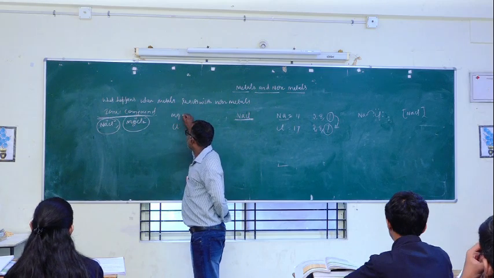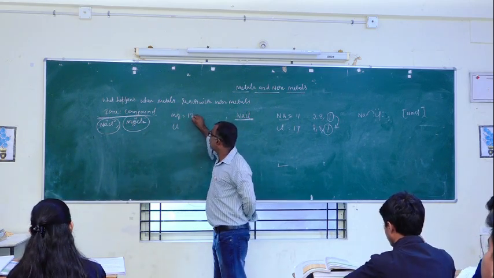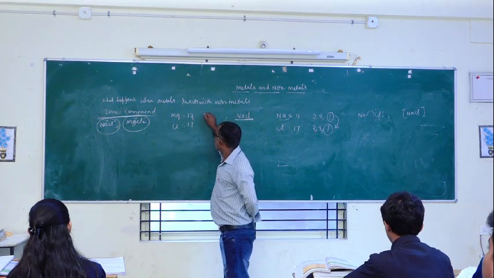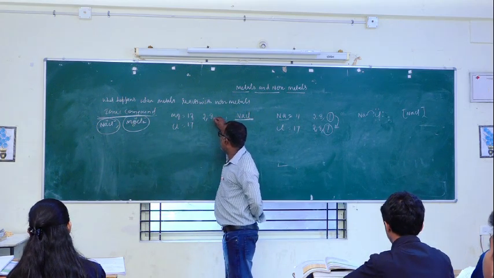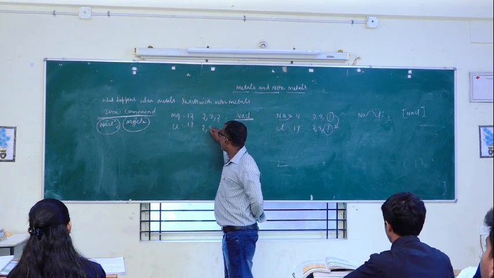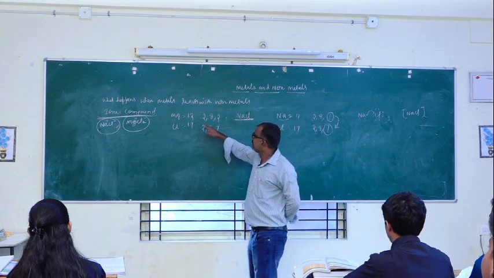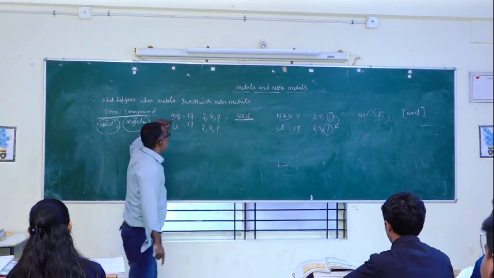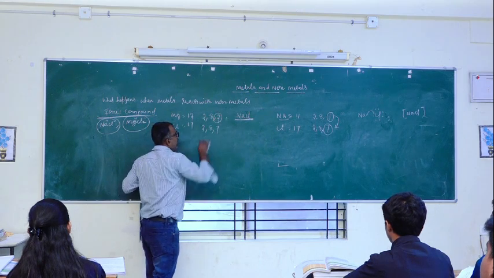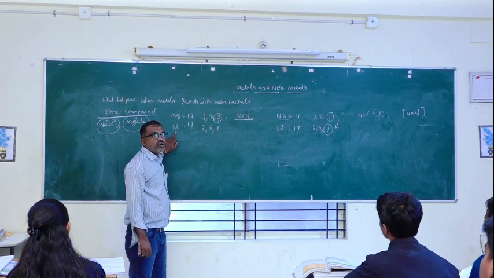In the same way, we are going to find MgCl2. Mg has atomic number 12 and chlorine 17. Mg is 2, 8, 2 and chlorine is 2, 8, 7. The 2 electrons in the outermost shell of Mg are going to be transferred to chlorine.